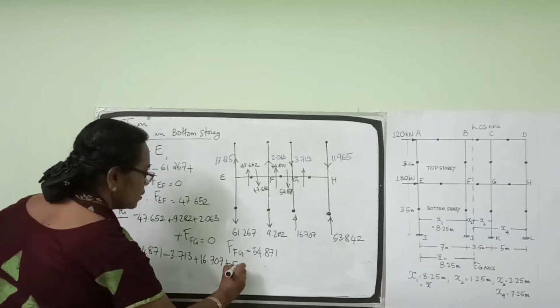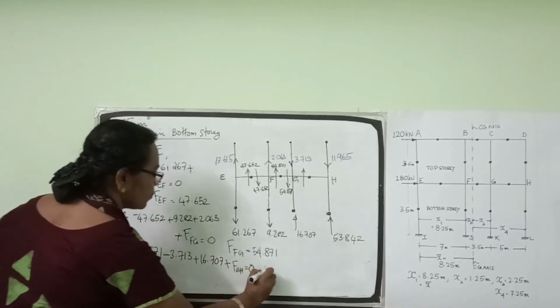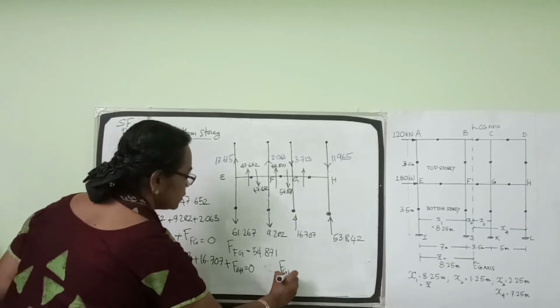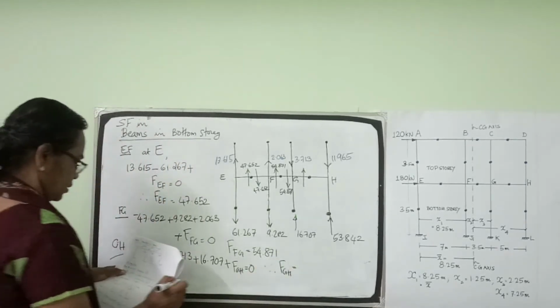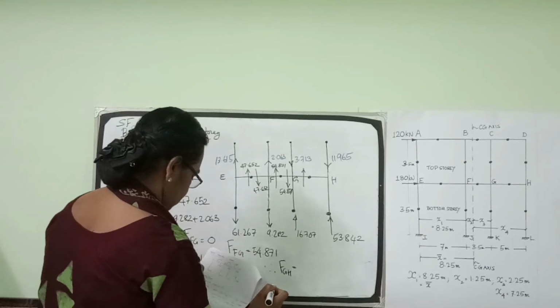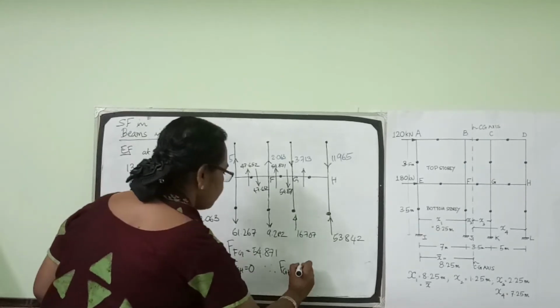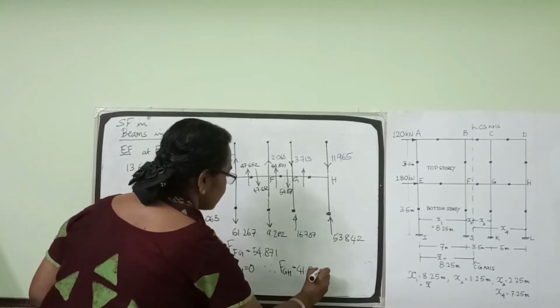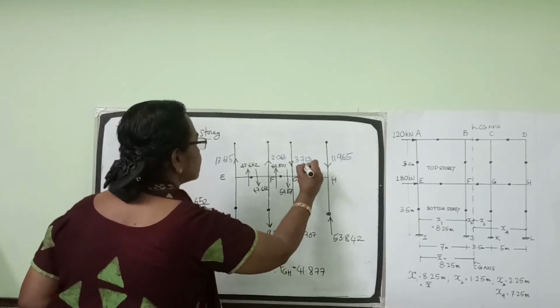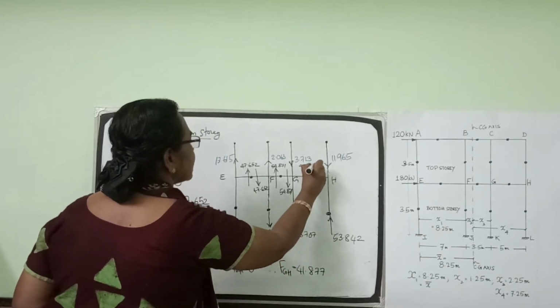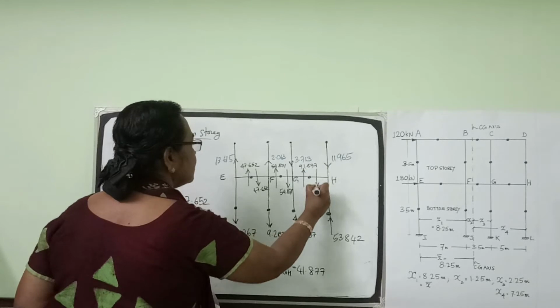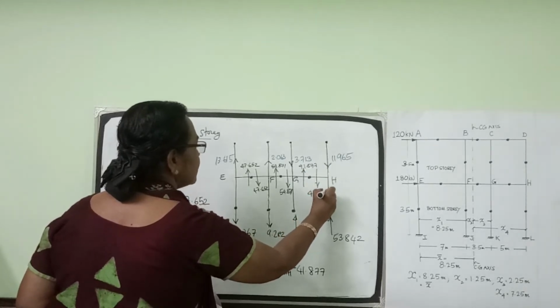Shear force in GH is equal to 0. From that we get shear force in GH is equal to 41.877. So here it will be downwards 41.877.